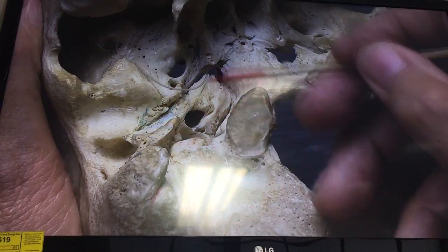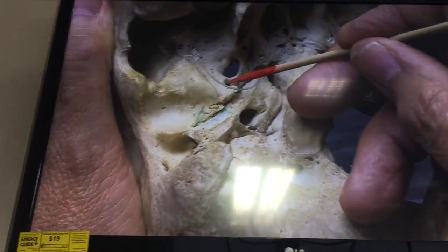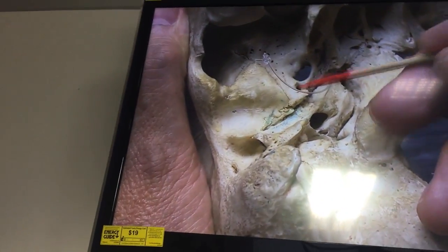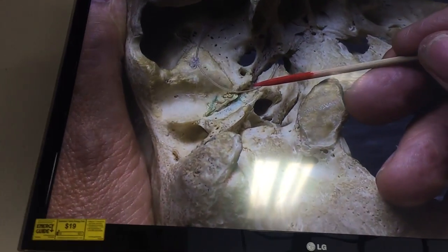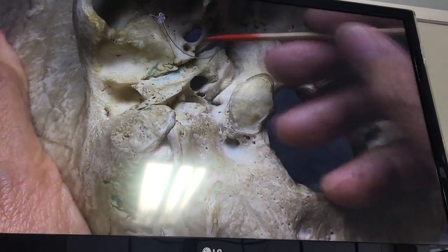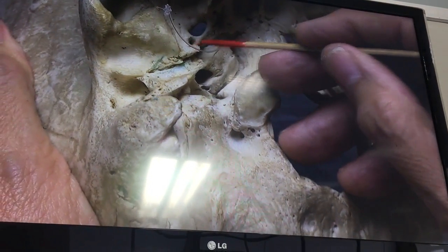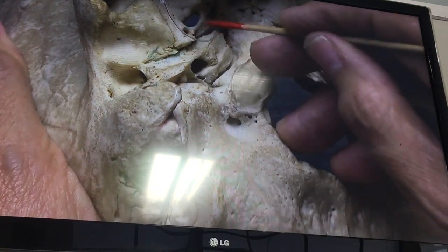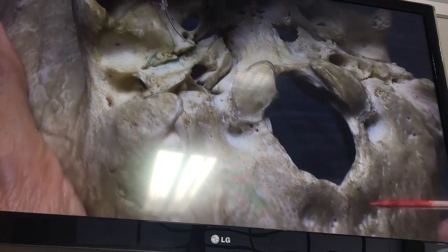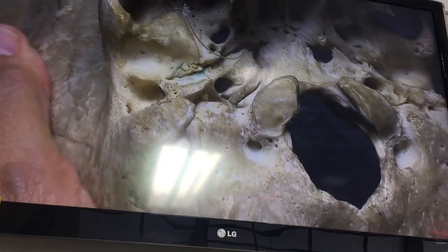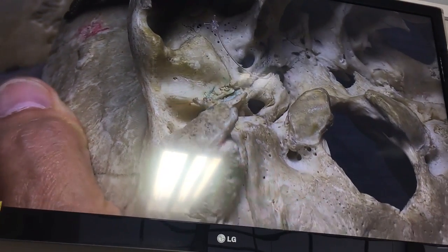And we remember, just in front of it there we have the foramen spinosum. Sorry, no, foramen spinosum, and foramen ovale, okay? And I have to mention the stylomastoid foramen.